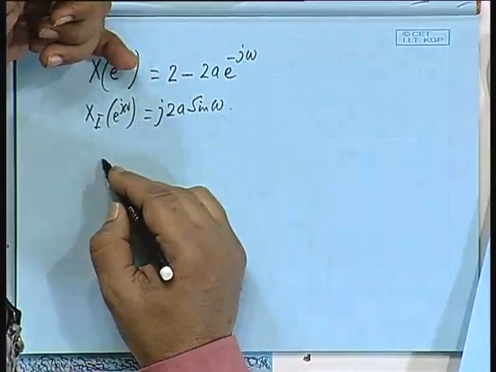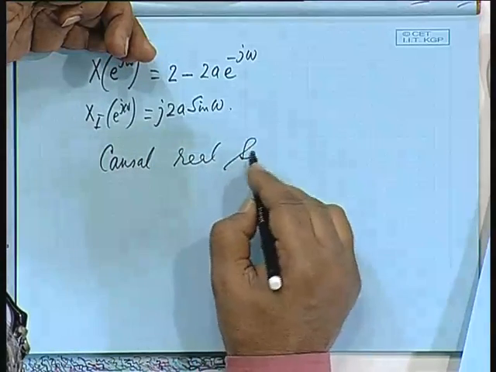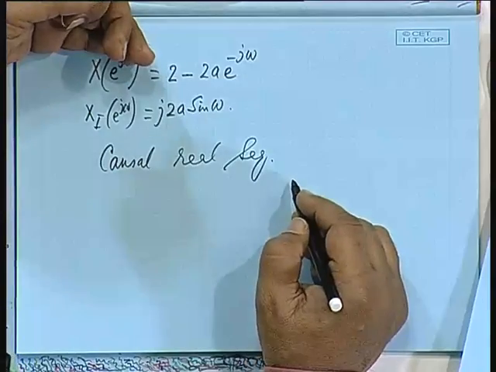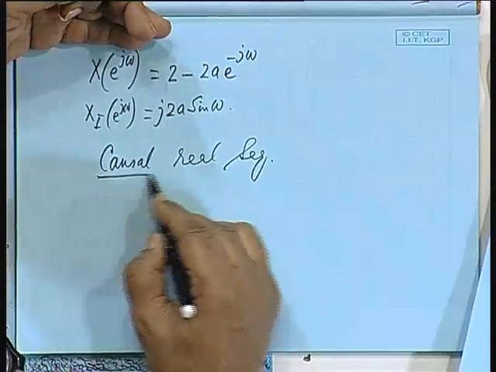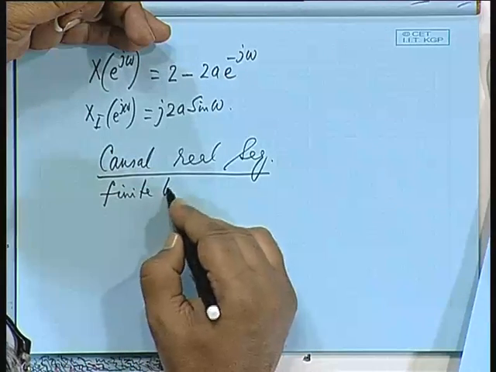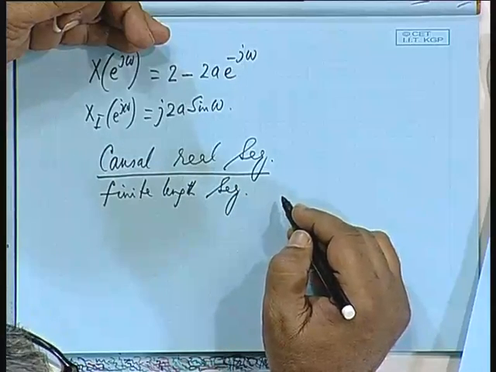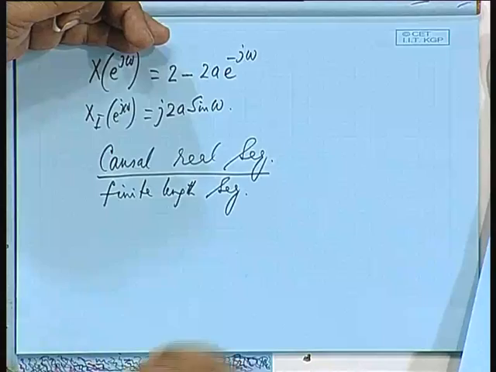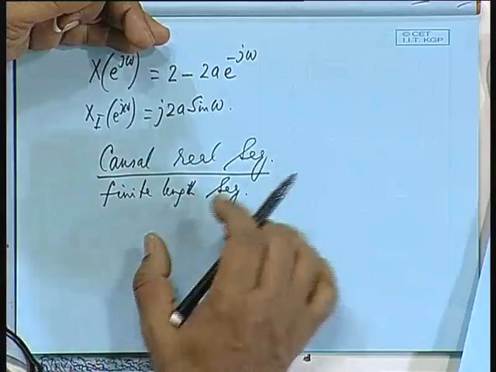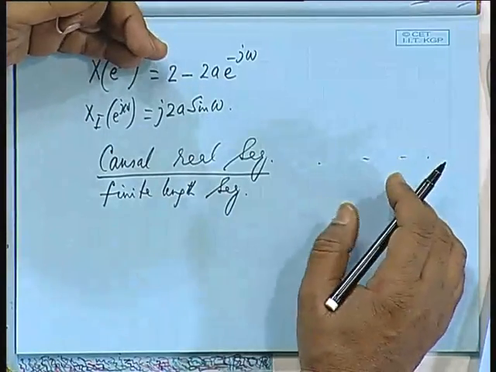Now, so far we have considered a causal real sequence. Now, this can be applied to a finite length causal sequence. Since it is a finite length, we can very easily represent this by a periodic sequence taking only one period of this as this sequence.